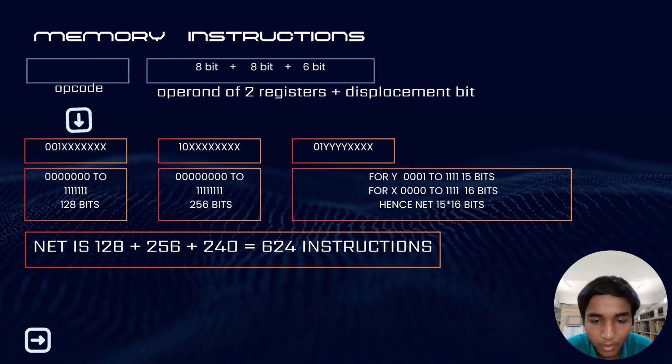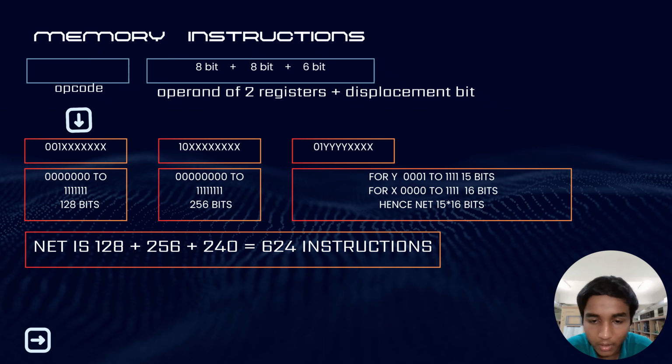01YYYY and XXXX. Now for the Y part, in the control instruction we have already used 0000, so we cannot use it here. So we are starting from 0001 to 1111, which is 15 instructions. Whereas the X part is from 0000 to 1111, which is 16 instructions.